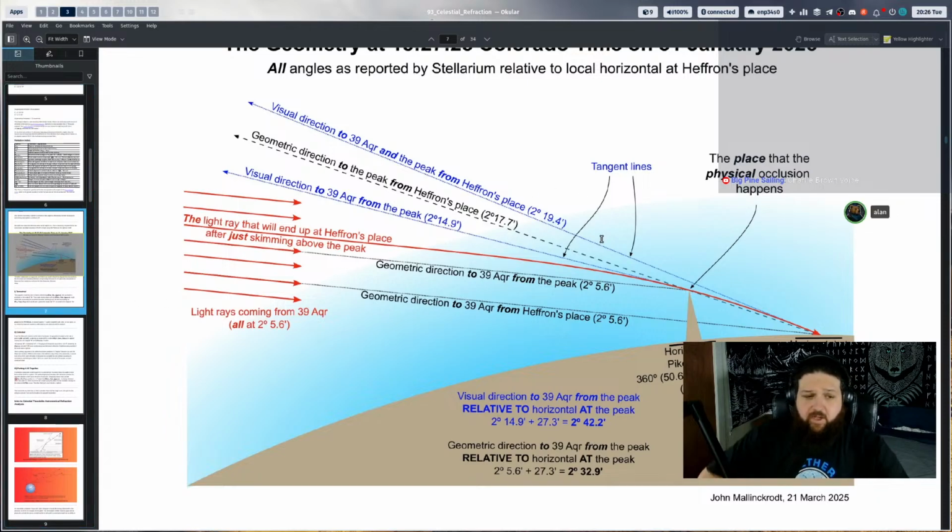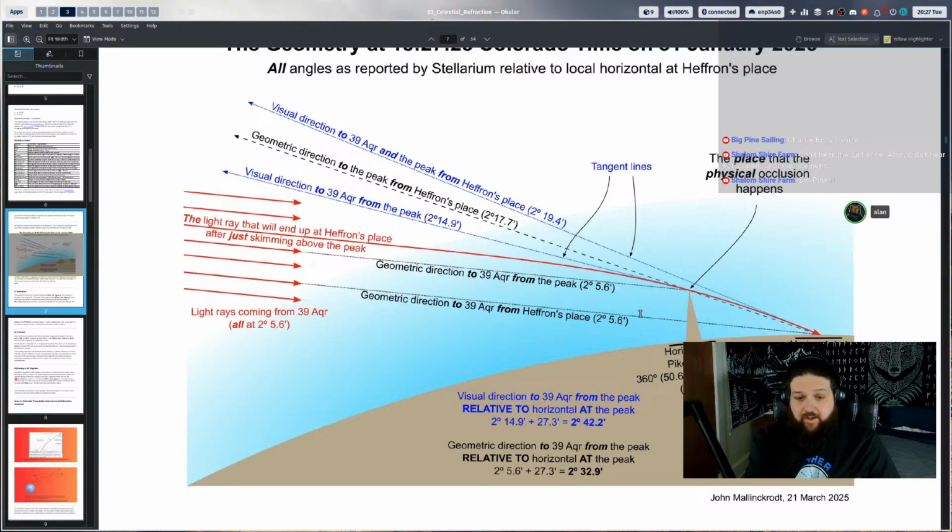So what John puts forward is that from the observer location, if you hop into Stellarium, you'll see that the star is at 2 degrees and 5 arc minutes. But it's being refracted up by 12 arc minutes, and that refraction lifts it up just high enough to equal 219. Oh, I'm sorry, he also adds on, because he's 2 arc minutes off of 219, terrestrial refraction to account for that, and that makes it 219.